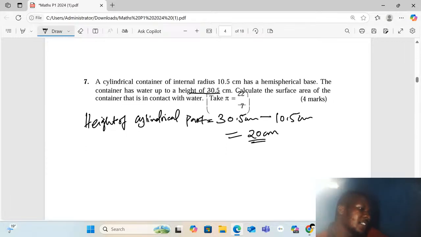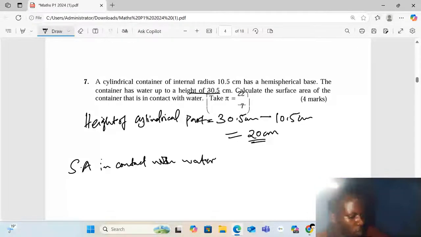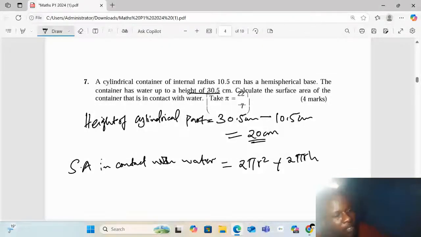Now the surface area in contact with the water will be 2 pi r squared plus 2 pi r h.